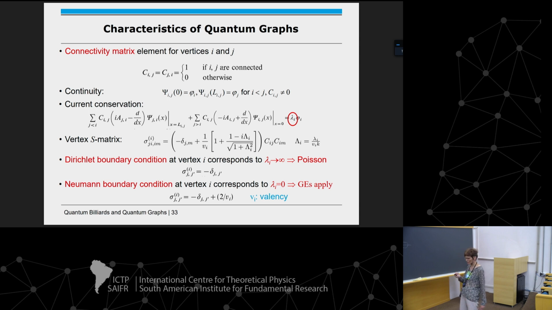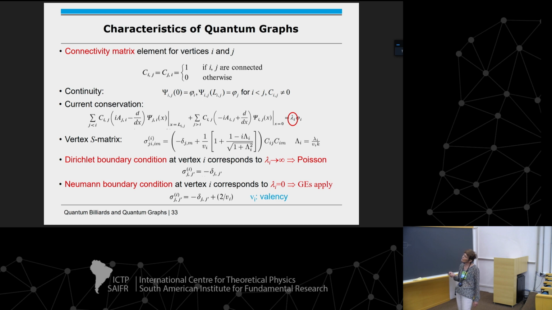One would be the Dirichlet boundary condition, which means that you choose lambda I to infinity. This corresponds to a quantum graph which consists of separate bonds, so there's no coupling between bonds. Each of them has a different, incommensurate length, and then what you would obtain is just Poisson statistics. So this case is of no interest, because all bonds are not connected.